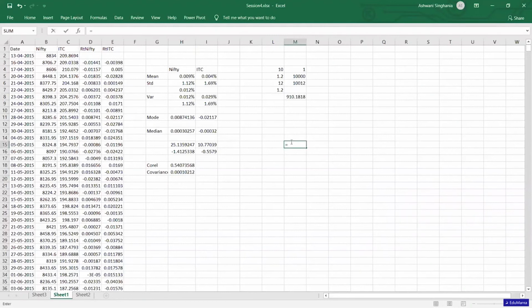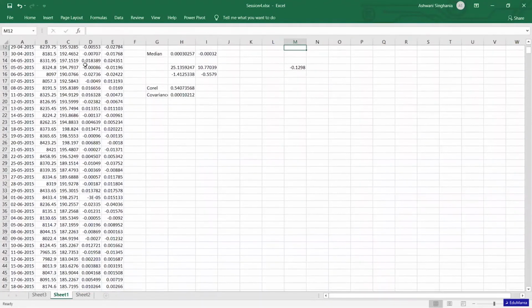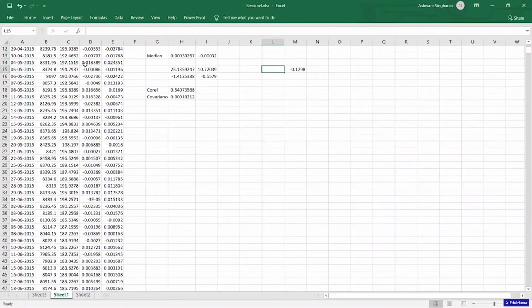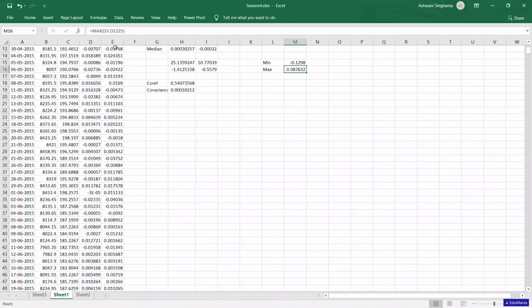So we have to get the minimum data from the data set. So this is the minimum and this is the maximum. Yeah, so we are going to create a class interval.